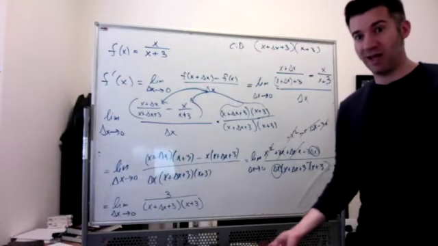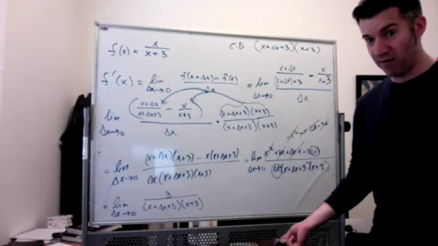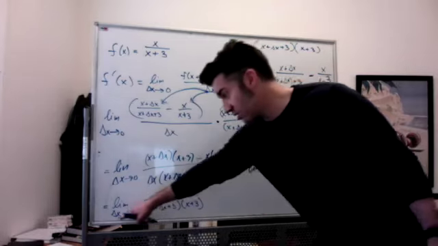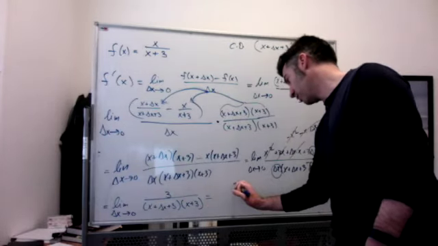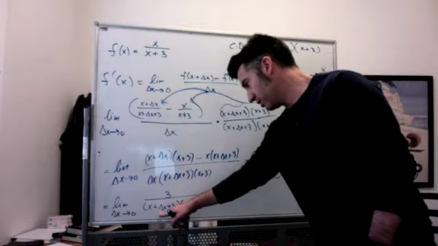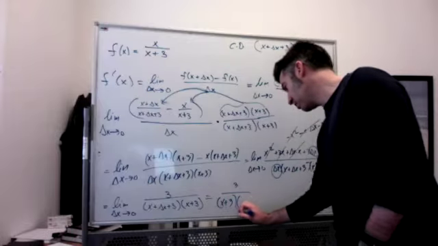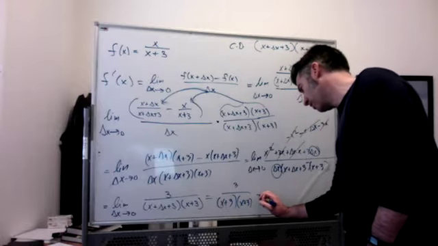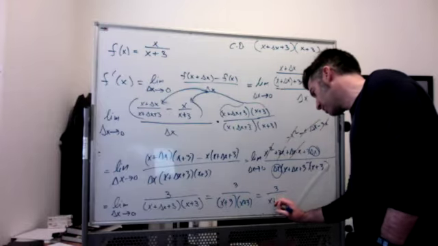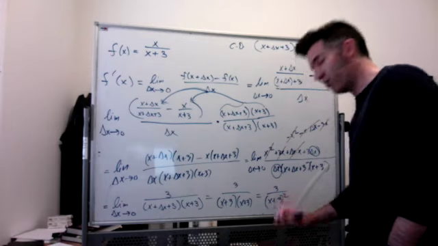Since we've now canceled out the delta x that we wanted to get rid of, we can let the rest of the delta x's go to 0. So we end up with 3 over x plus 0 plus 3 times x plus 3, or more normally written as 3 over x plus 3 squared.